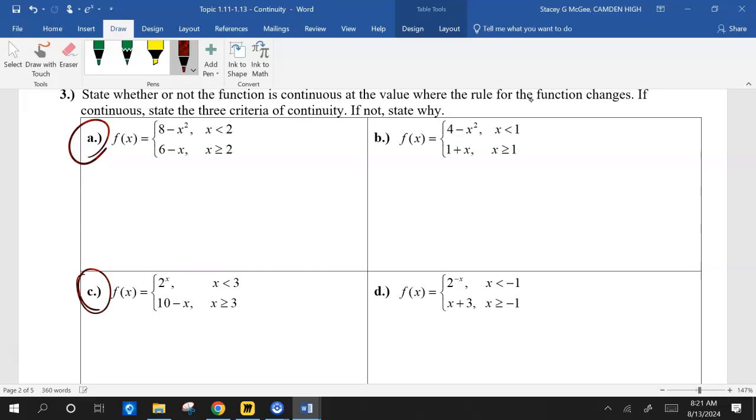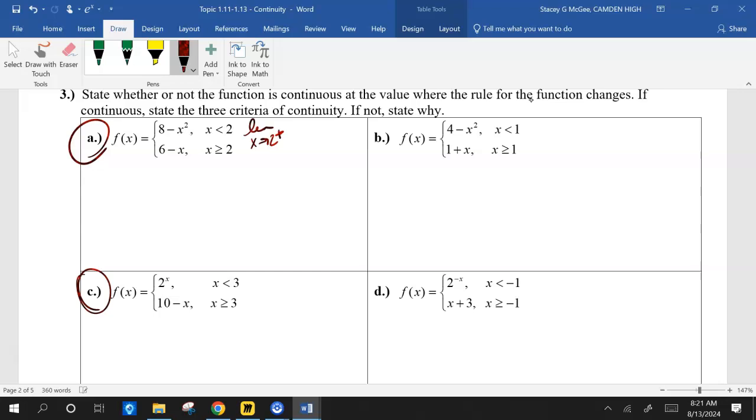State whether the function is continuous. What we're doing is testing those continuity points. Essentially all we're doing is plugging in. This side is the limit as x approaches 2 from the left. Nope, that one's from the right. The first was right.